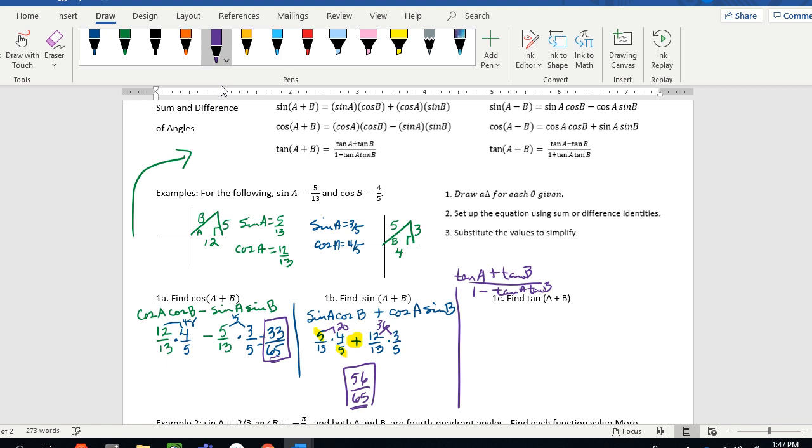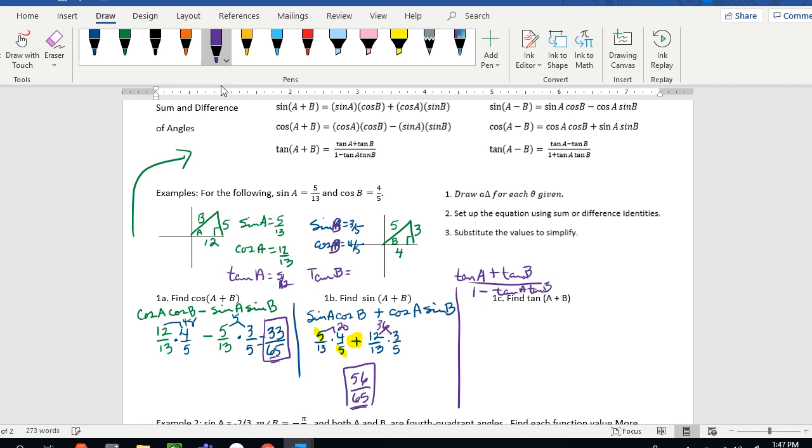Okay, so that means I have to go back and I have to find tangent of this guy. Tangent of A is 5 over 12. Tangent of, whoops, that is a 12. I said it, didn't write it, and you can't see the 1. Tangent of B, oh, and these were all B's. That was cute. I just noticed it.